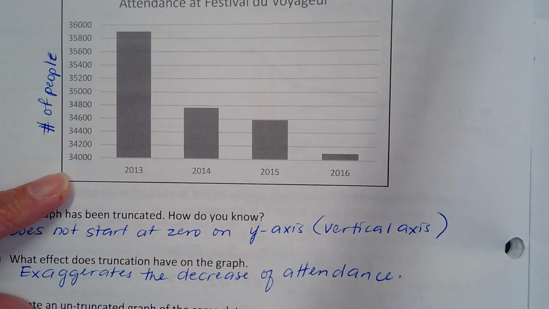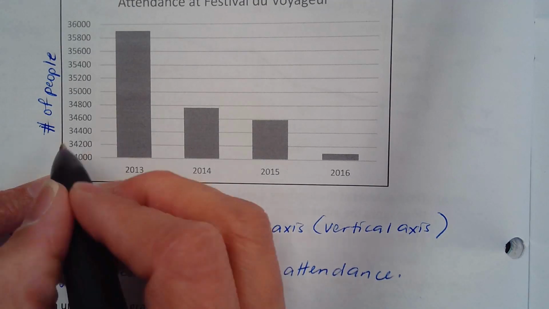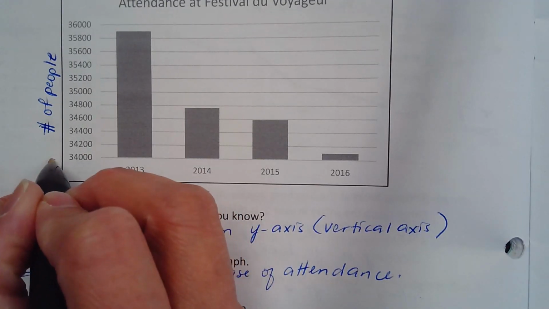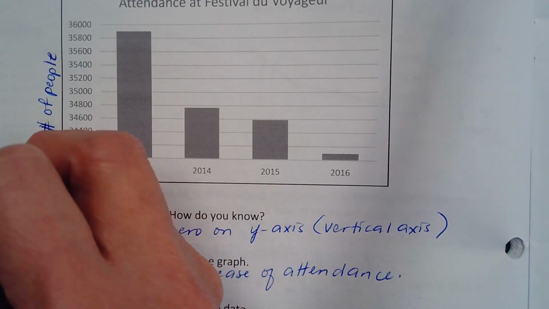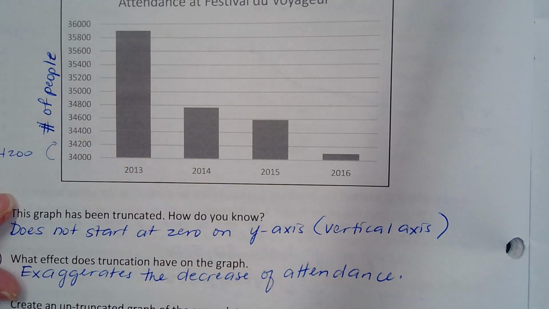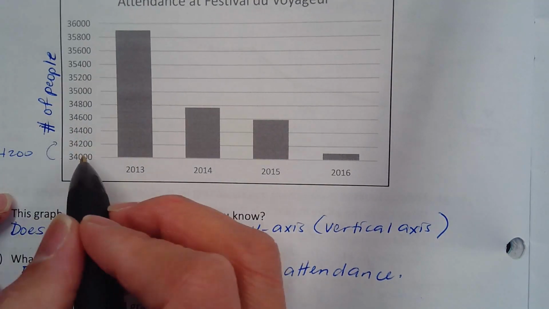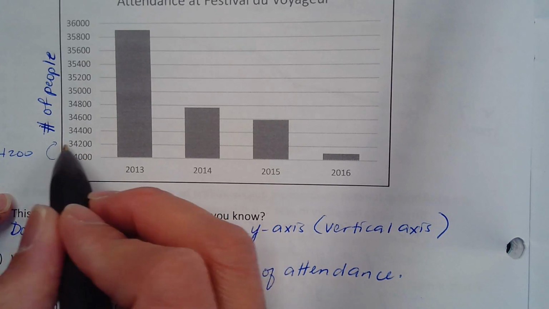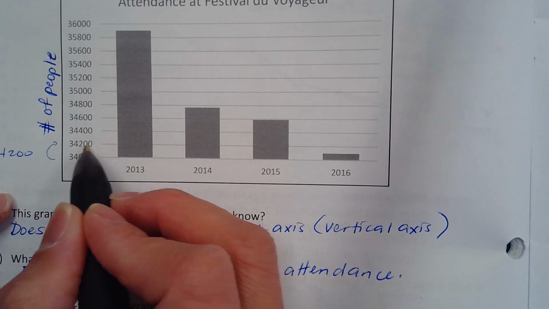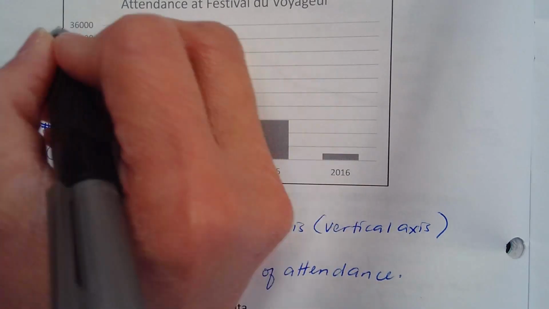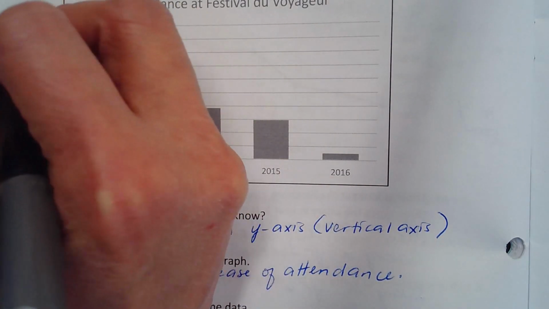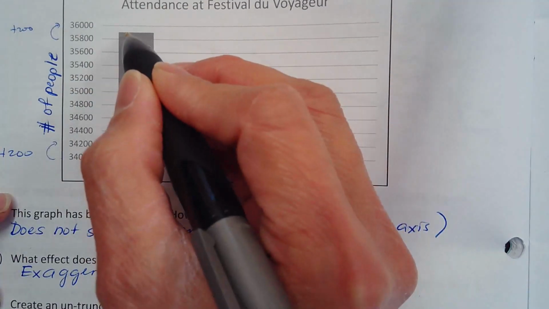Maybe the first question I should ask is, what do they go up by? 200. Yeah, they go up by 200 each time, right? Does everybody see that? Because it's 34,000 and then 34,200. So it keeps going up by 200 each time. So what would this be approximately?